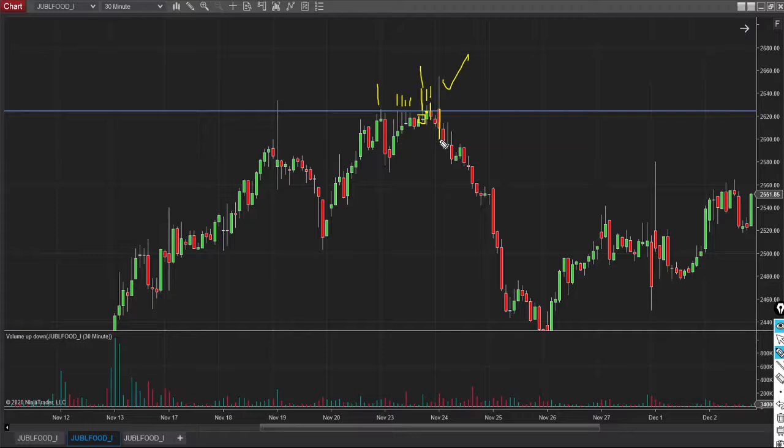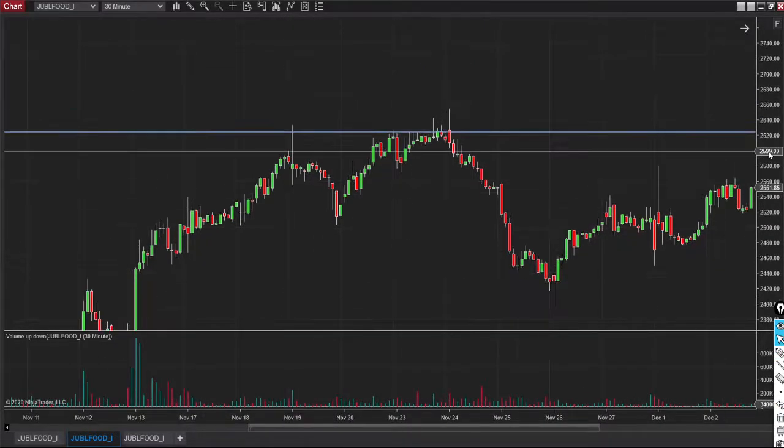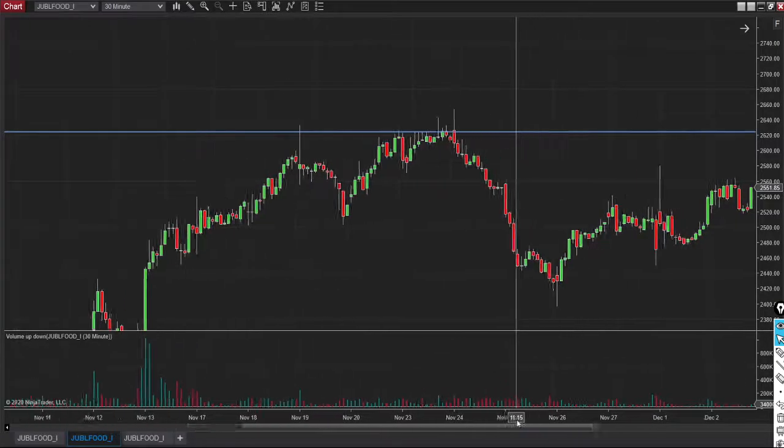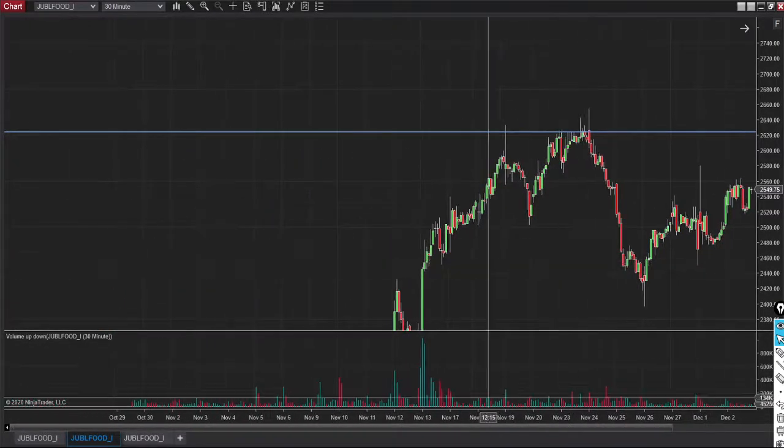So this is a resistance level. I'm not speaking about a zone, it is a resistance level. Let me zoom out now. Very important, just look at this closely.